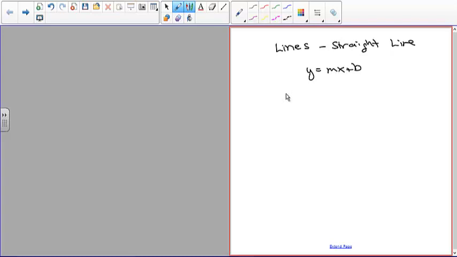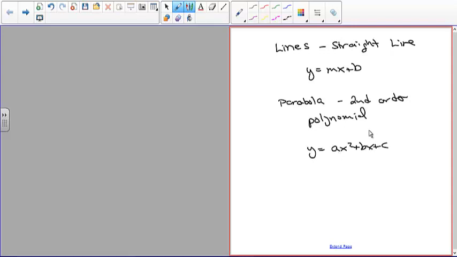And then you've got, we could say, a parabola. We could say a second-order polynomial. So there it might be y equals ax squared plus bx plus c.